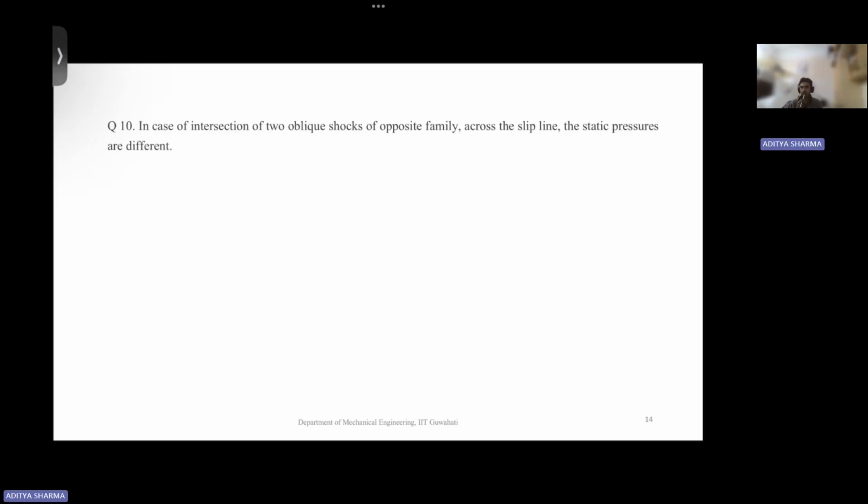Then question number 10 says that in case of intersection of two oblique shocks of opposite family, across the slip line, the static pressures are different.